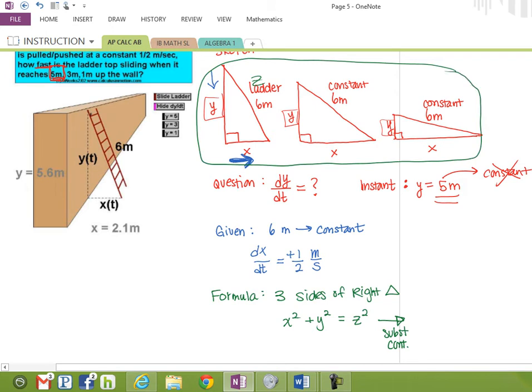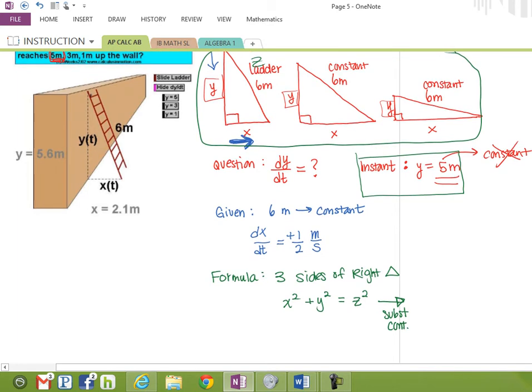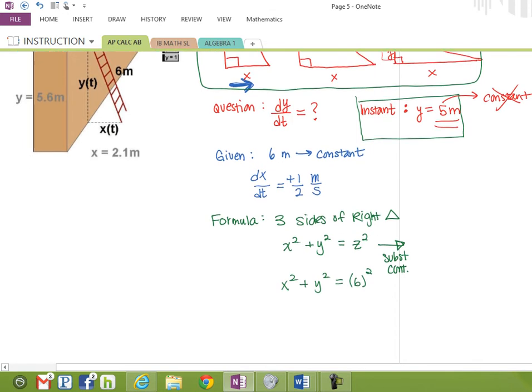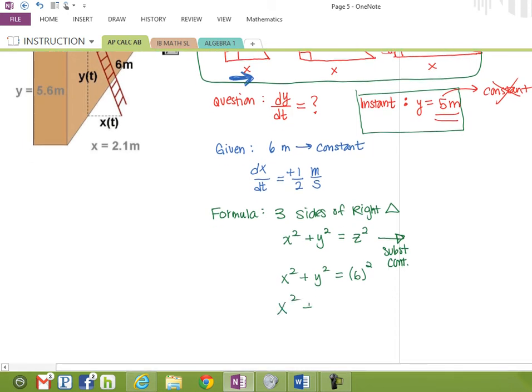And I want that generic motion to be represented by the formula. Therefore, this instant number is what usually confuses everyone, the 5 meters. That's not generic. That's not something that happened in all the pictures. So the only value that I can substitute in right now is the 6, and the 6 was our z. So x squared plus y squared is equal to 6 squared. And that's our generic formula, which I'm going to make look a little nicer and easier.